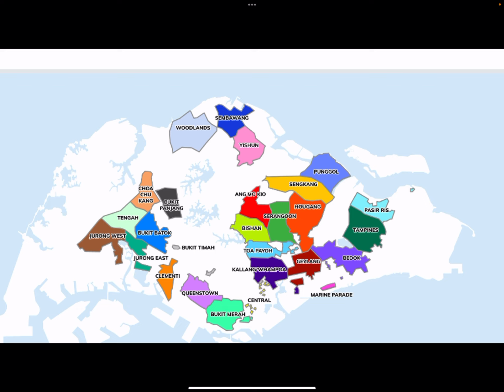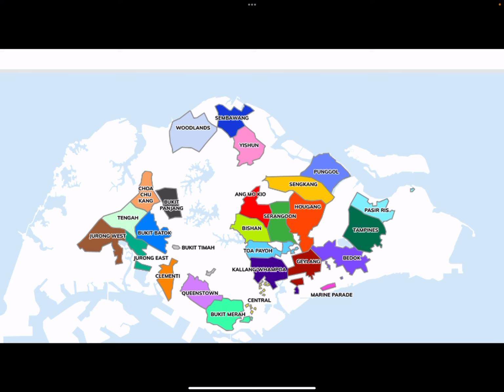Now, as you move to the further parts of Woodlands itself, you may realize that, hey, there's another MRT station in Woodlands. Actually, in total, there are about 3 to 4 MRT stations in this town called Woodlands. Now, why is this so? If you're looking at Woodlands itself, the main Woodlands MRT will be in the town center.